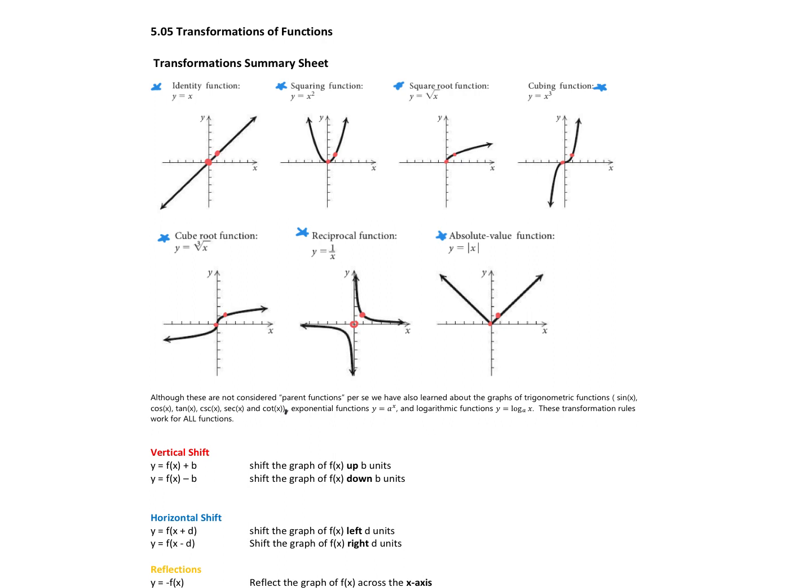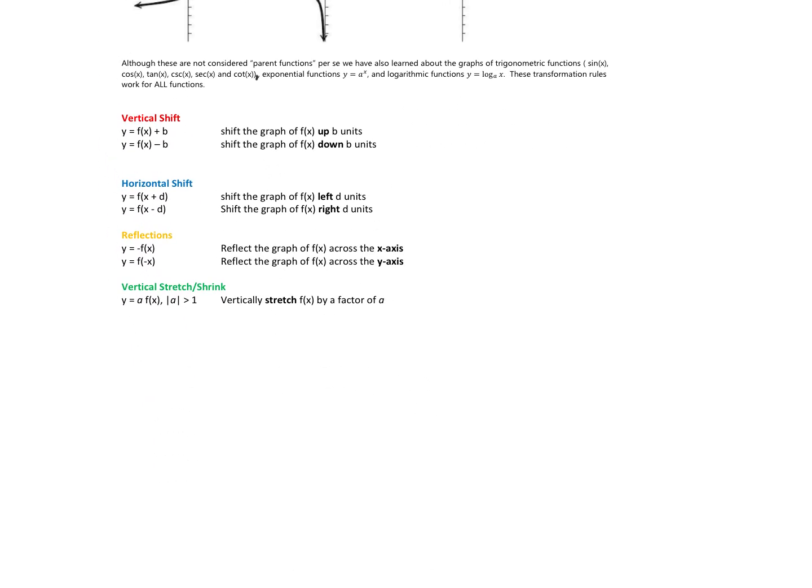So just as a refresher, we have a vertical shift, up or down. This is when you add to the function. So we're going to add some value to the function.